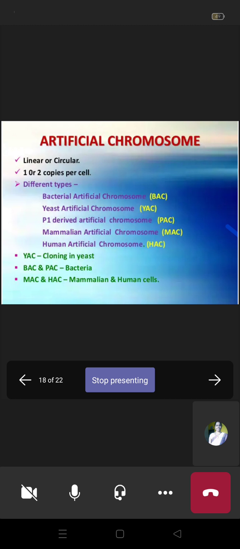Here we observe different types of artificial chromosomes: bacterial artificial chromosomes, yeast artificial chromosomes, P1 derived artificial chromosomes, mammalian artificial chromosomes, and human artificial chromosomes.